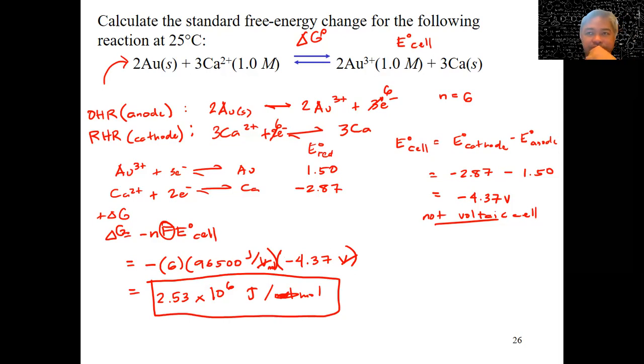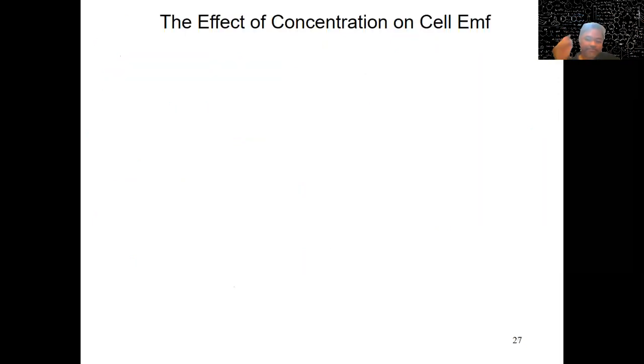The temperature might be other than 298. The pressure is other than 1 atmosphere. But if we're just going to look at non-standard state, the most common one is if we have a concentration that is different than the standard concentration, which is 1 molar.